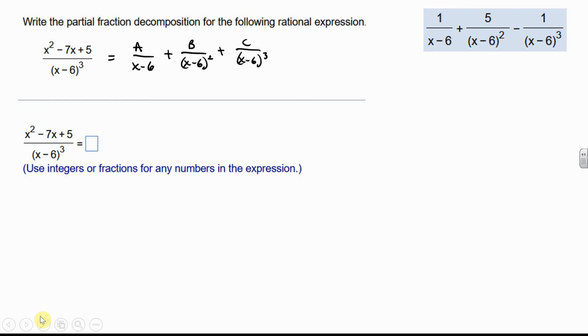So we're going to multiply both sides by the least common denominator, which is x minus 6 to the third. I'm going to go ahead and just put all that in there so you can kind of see what's going on, because this is a little bit different than the ones from before. Multiplying each term by the LCD.